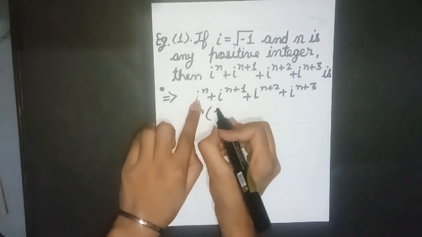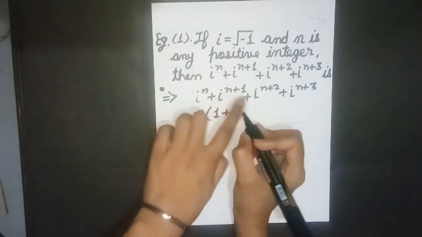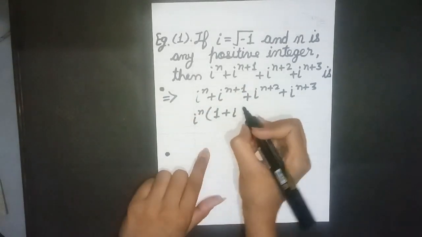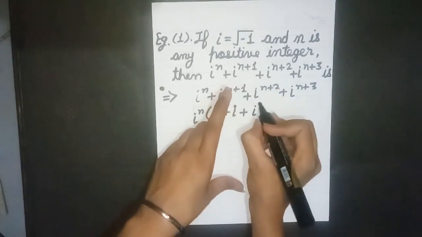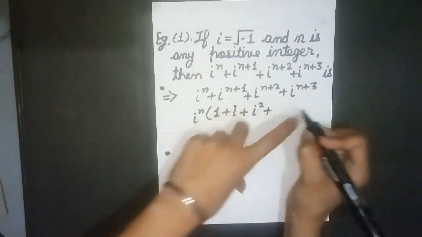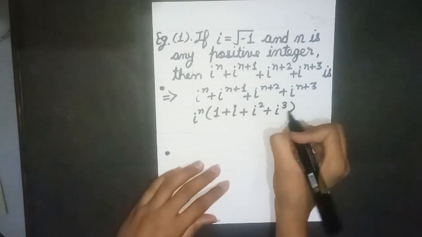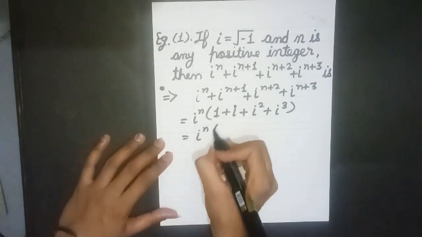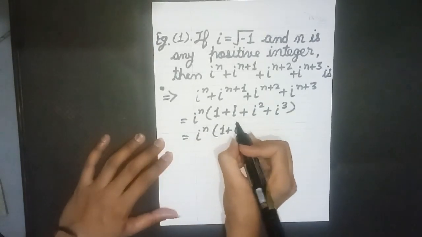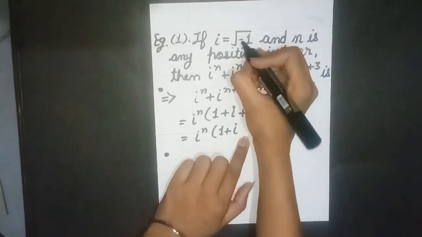So we will get iota raised to power n in bracket, 1 plus iota plus iota raised to power 2 plus iota raised to power 3.